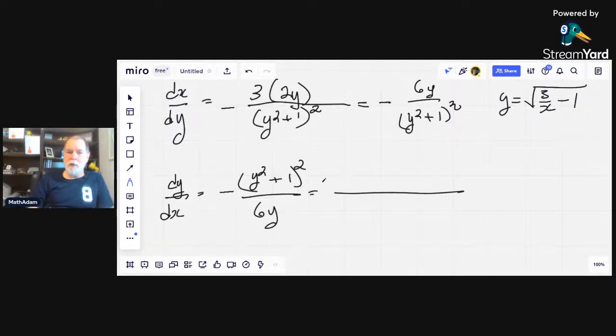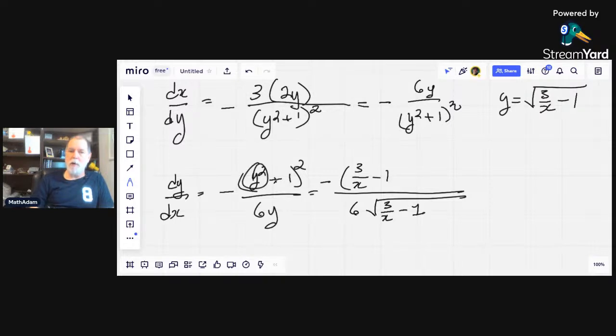So we got minus here, 6y. We'll write that down as 6 times the square root of 3 over x minus 1. And then up here we've got y squared, that's all of this squared, so we get 3 over x minus 1.